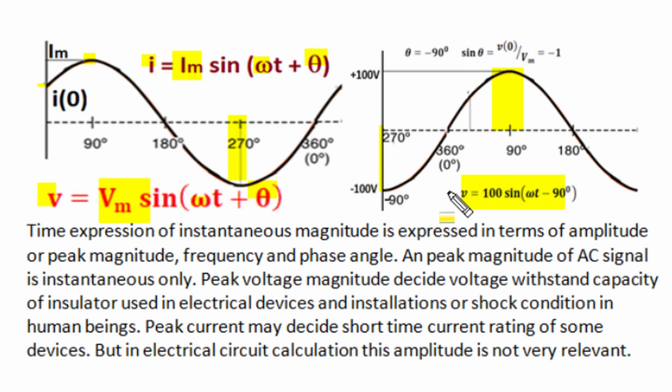Similarly, peak current is relevant only when one is calculating short time current rating of sensitive devices. Otherwise, peak magnitude or amplitude is irrelevant in our alternating current studies, and in place of this peak magnitude we'll use some more important measurement of this time varying quantity such as average value or root mean square effective value.